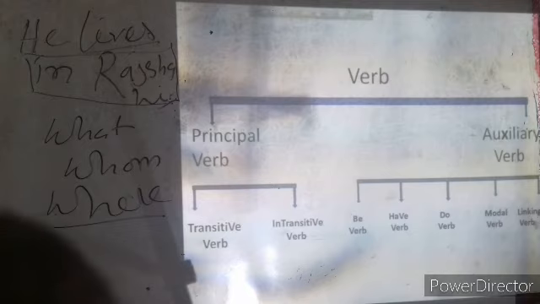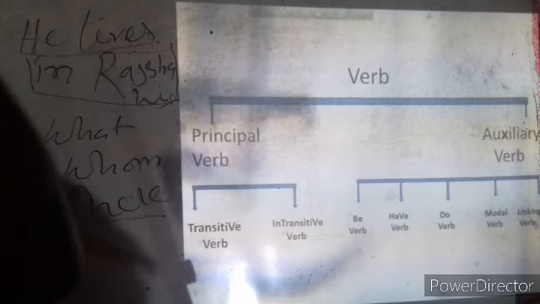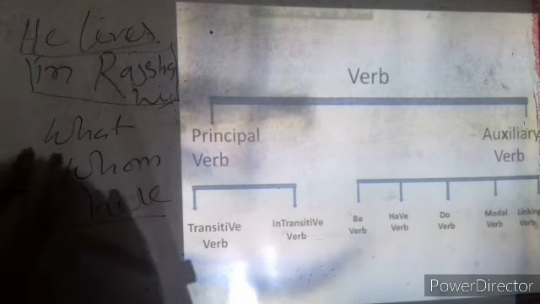My dear student, probably you are able to identify what are transitive verb and what are intransitive verb. I would like to repeat again. Transitive verb must have object and intransitive verb has no object.